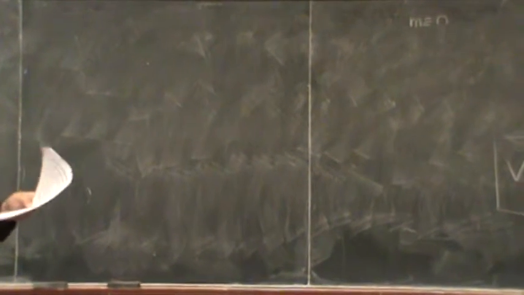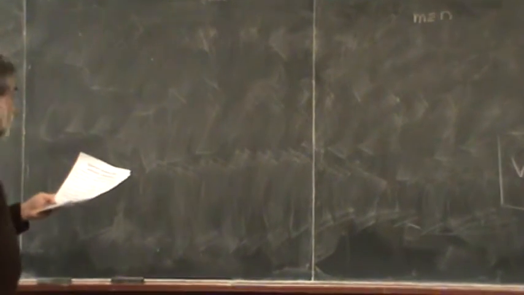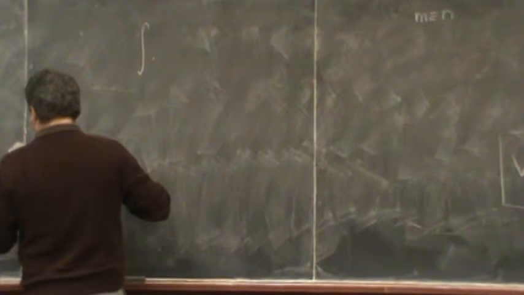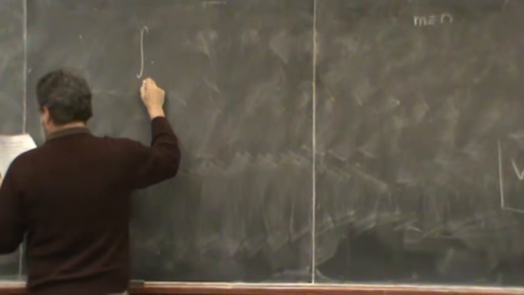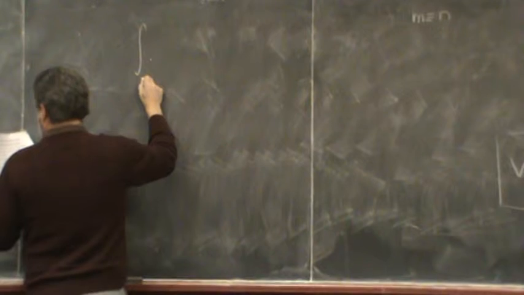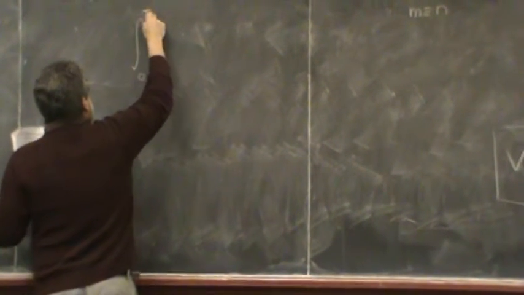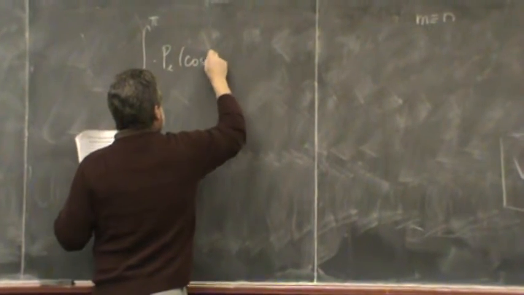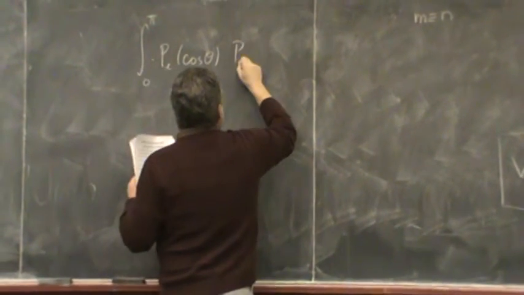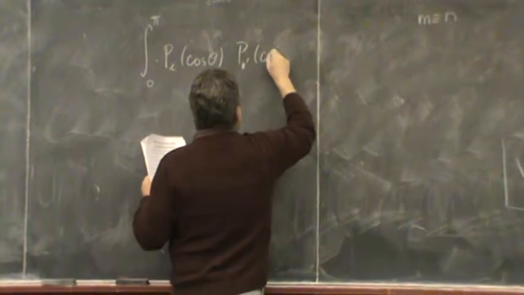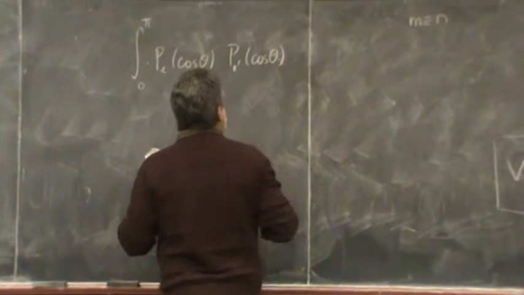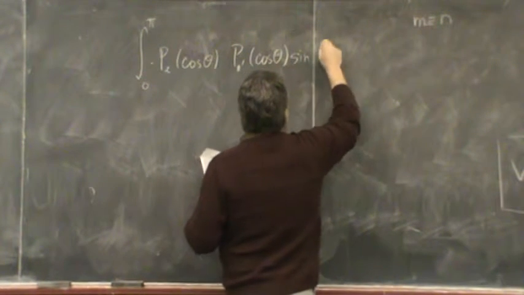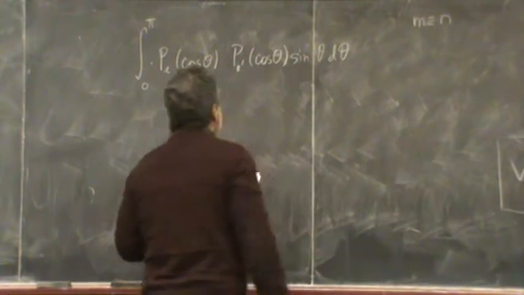Let me tell you the most important or very useful aspect of these solutions here, which is the integral, I'll do it in theta, from zero to pi, of P sub L of cosine theta, P sub L prime of cosine theta, sine theta, d theta.